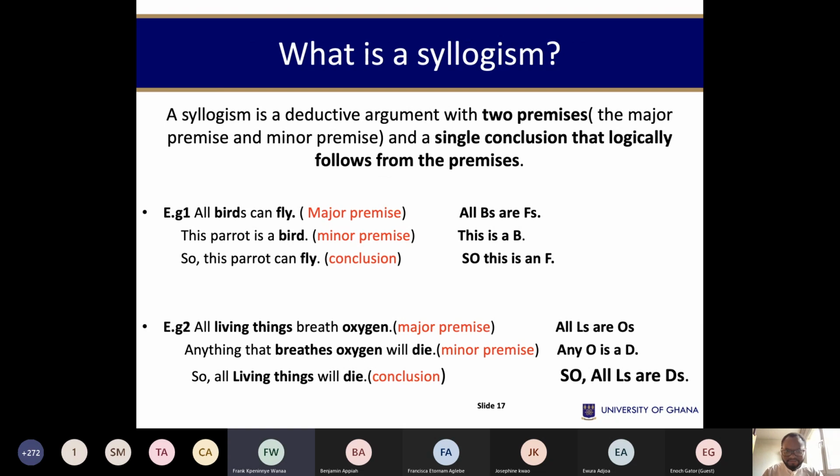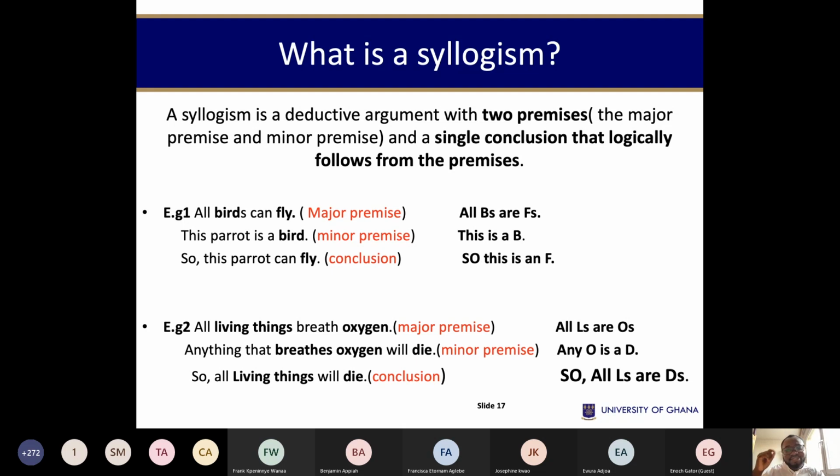What is a syllogism? A syllogism is a deductive argument with 2 premises, a major premise and a minor premise, and a conclusion. I told you that you can have an argument with just 1 premise.